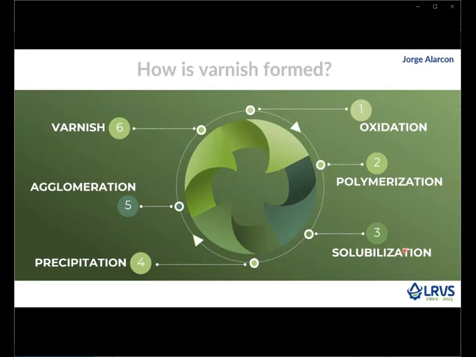The third step is solubilization. Solubilization is due to temperature, basically. So a portion of these new molecules formed here will be soluble in the oil. This will depend on the temperature.